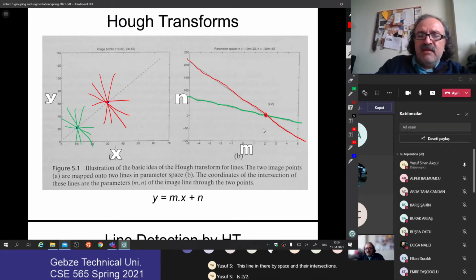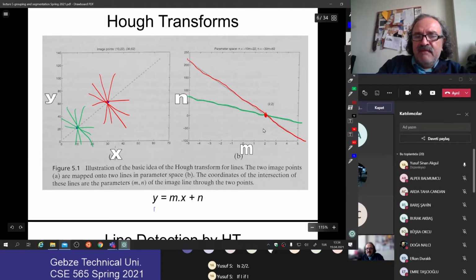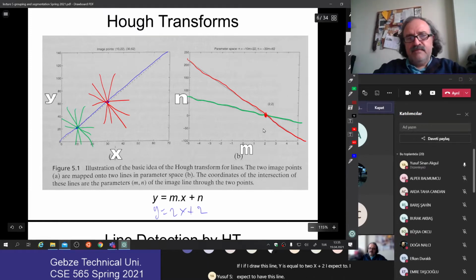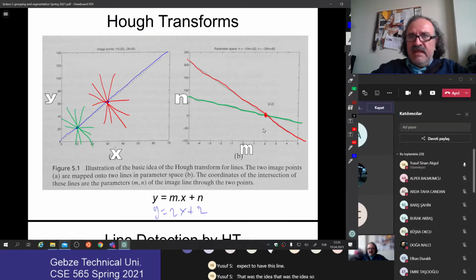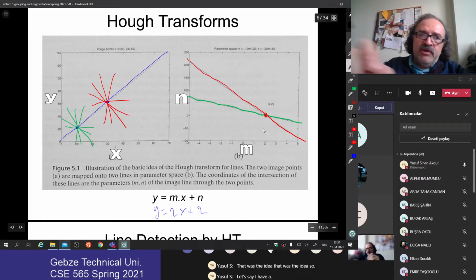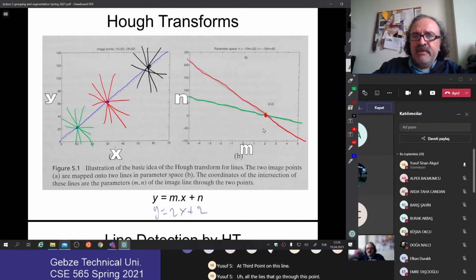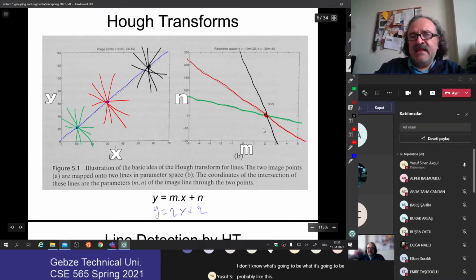If I draw this line, y is equal to 2x plus 2, I expect to have this line. That was the idea. So let's say I have a third point on this line, and all the lines that go through this point, I don't know what it's going to be, but it's probably like this. So it is intersecting again at this (2, 2) point.